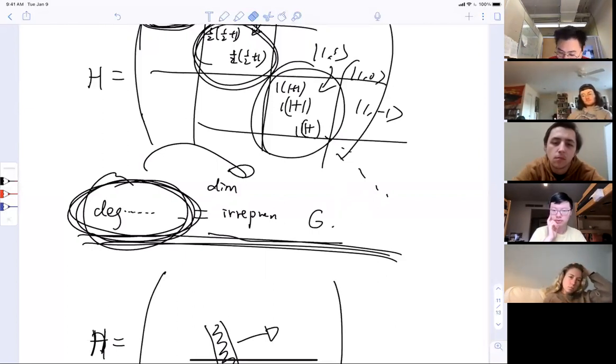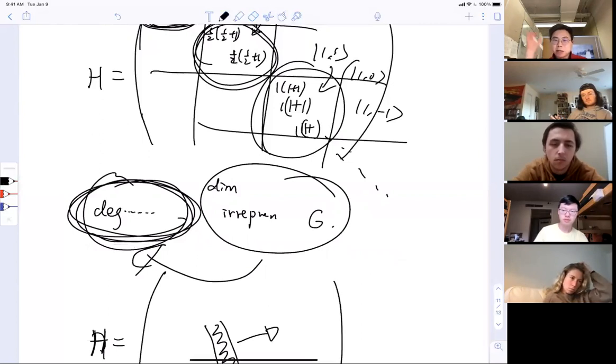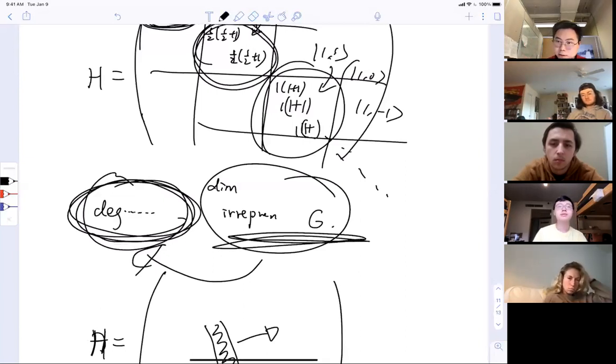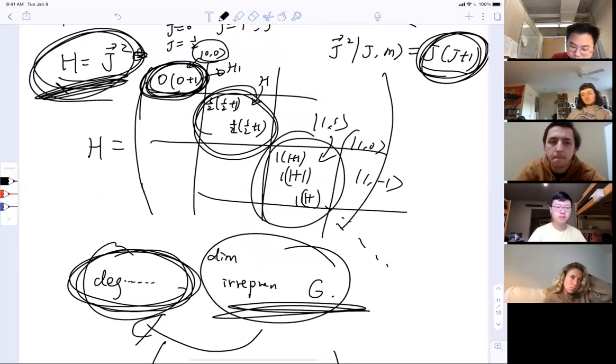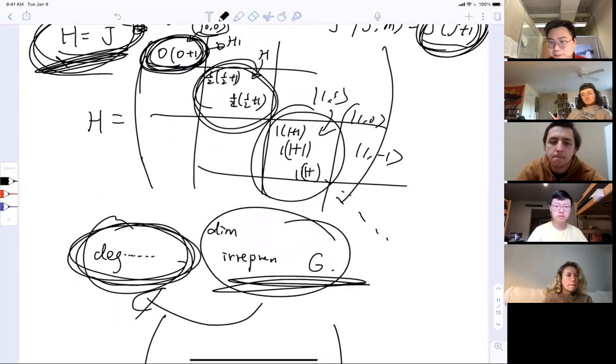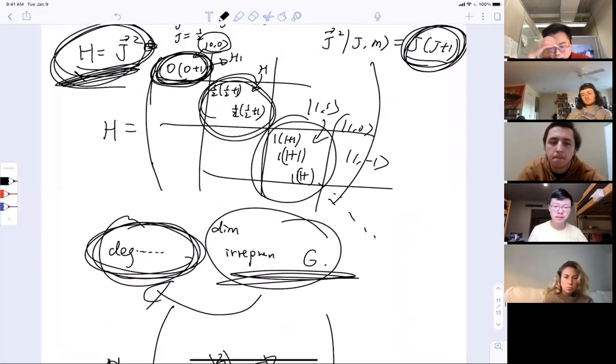And you can also go from the right-hand side to the left-hand side. Once you know the symmetry group, you can immediately say there must be some degenerate space because this group has non-trivial irreducible representations, like in this example. Yeah, this is what I want to say.